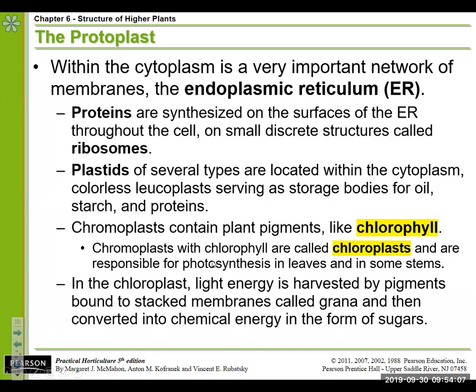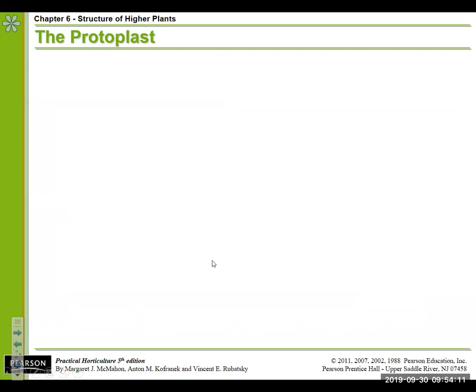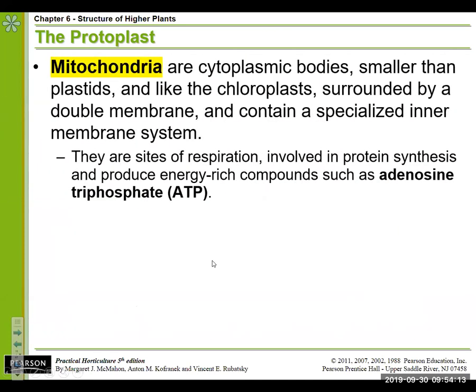But basically, the photosynthesis process is occurring there in the chloroplasts and creating chlorophyll. The mitochondria, what we say in biology is the powerhouses of the cell. They're the sites of respiration, and they're also involved in protein synthesis.